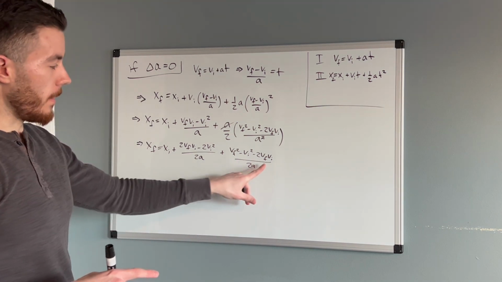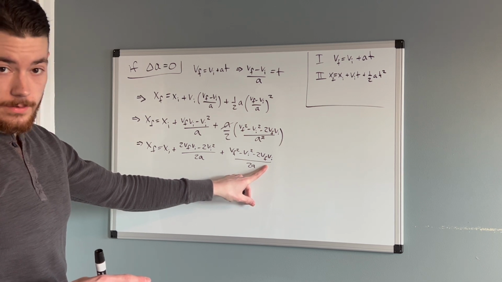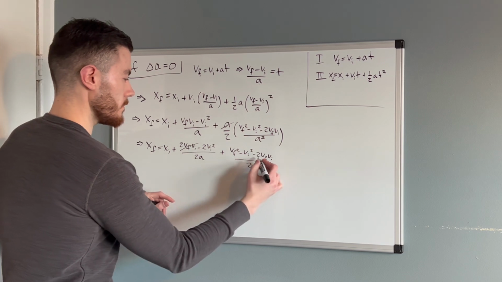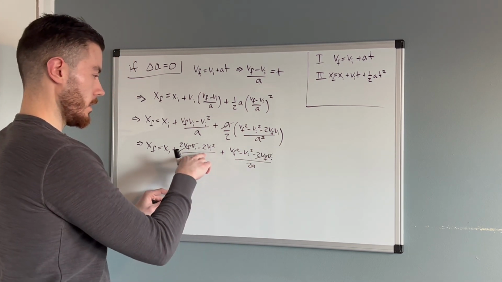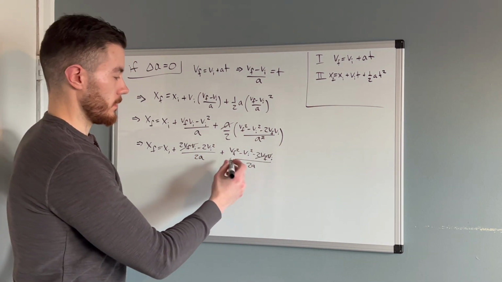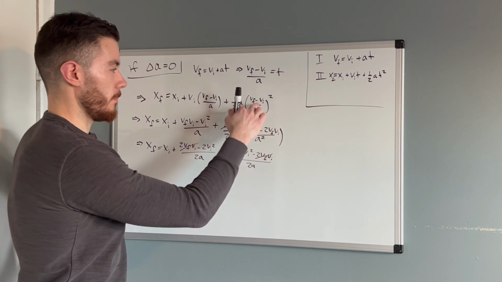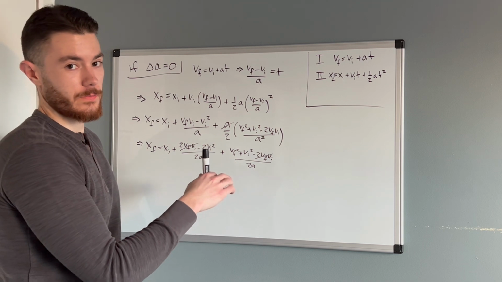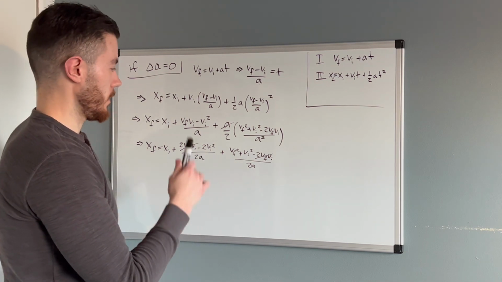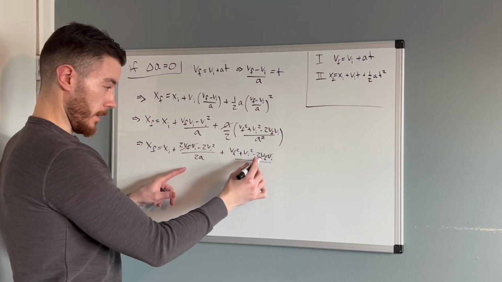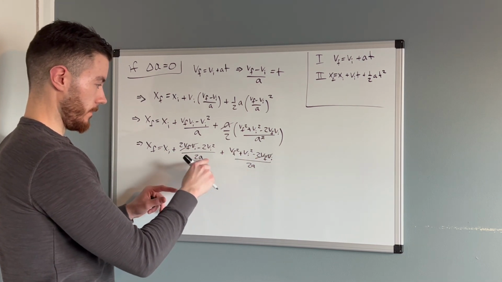Okay, minus 2vf vi plus 2vf vi. Minus vi times minus vi is vi squared, not minus vi squared. That's a plus. 2vf vi minus 2vf vi, 0.